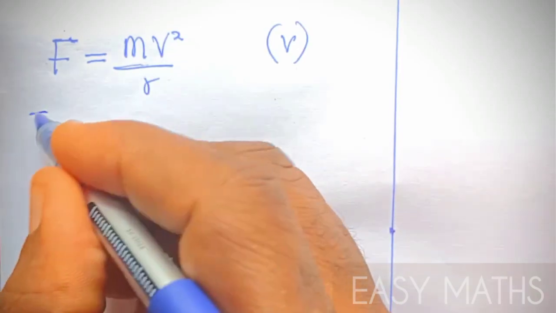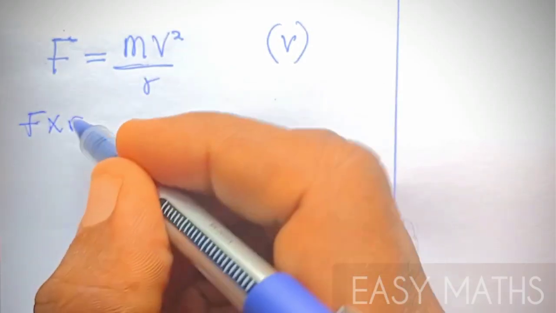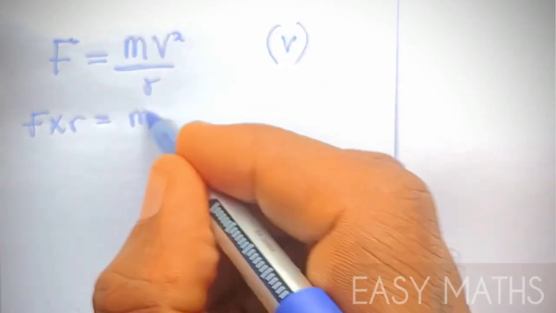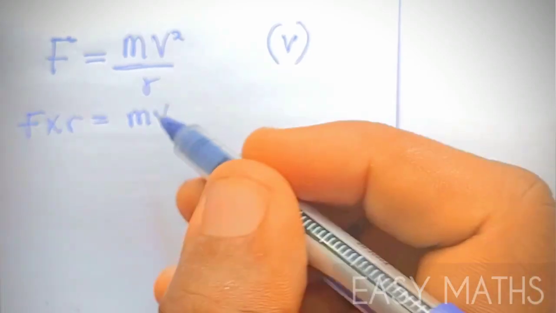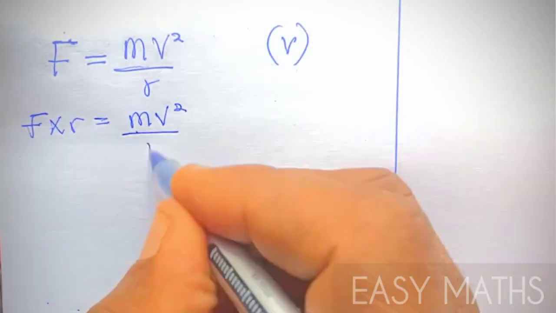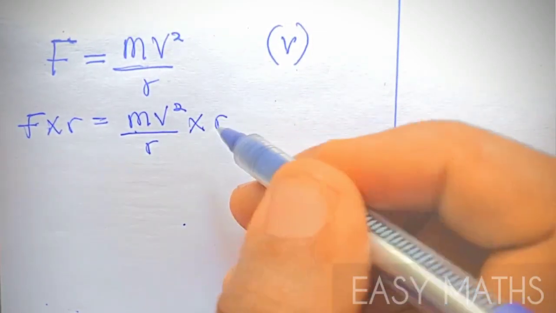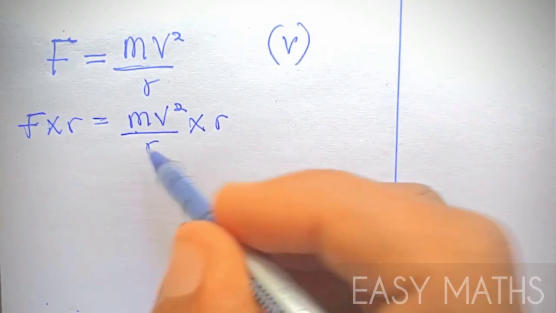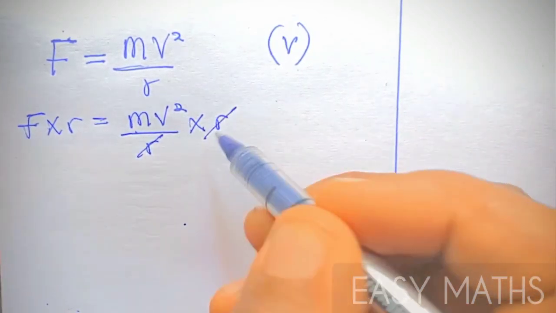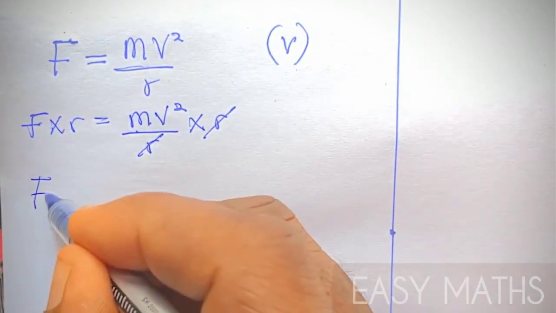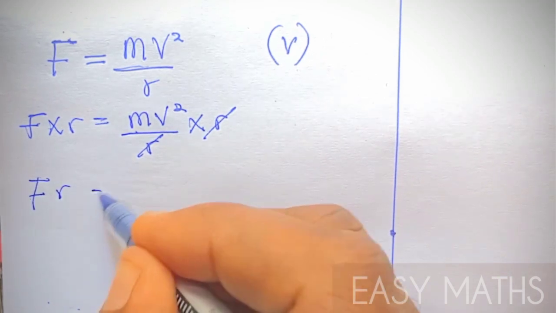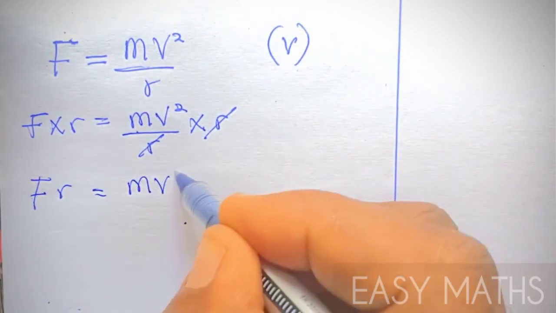So we are going to have f times r equals m v squared all over r times r. All right, so r will cancel r, and we're going to have f r equals m v squared.